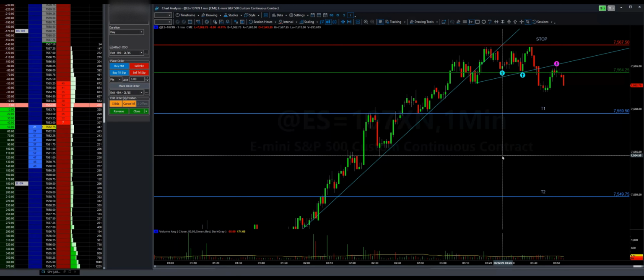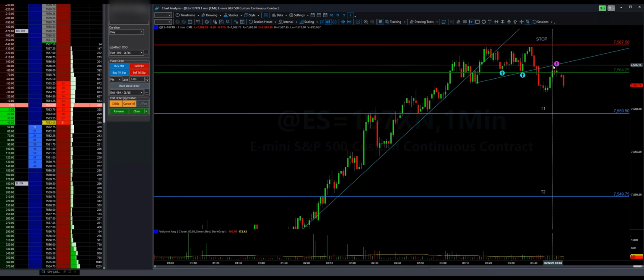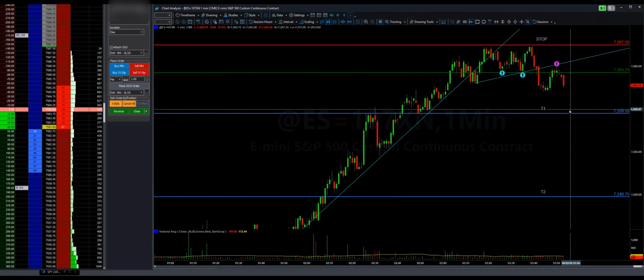So the market, how it moves, when it's an uptrend, it makes high, low, higher low, higher high, higher low, higher high. Now we have here high, low, lower high. So the next move should be a lower low.